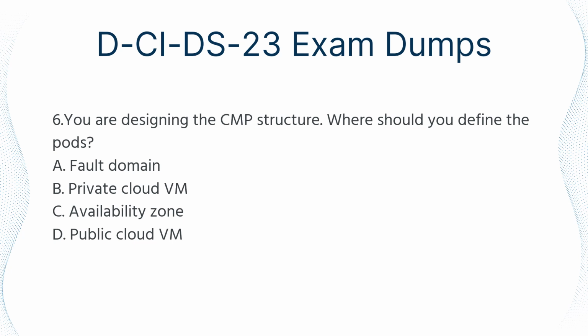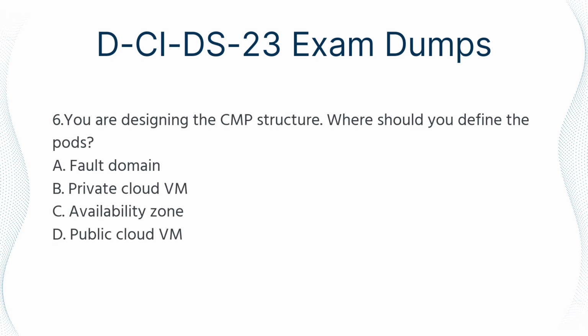Options A, B, and D are less common locations for defining pods in the context of a CMP. Option A, fault domain, typically refers to a grouping of hardware and infrastructure components that share a common point of failure. While fault domains are important considerations for resilience, defining pods within availability zones provides a higher level of fault tolerance.